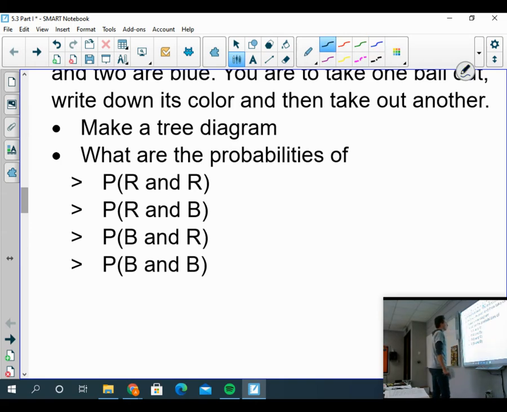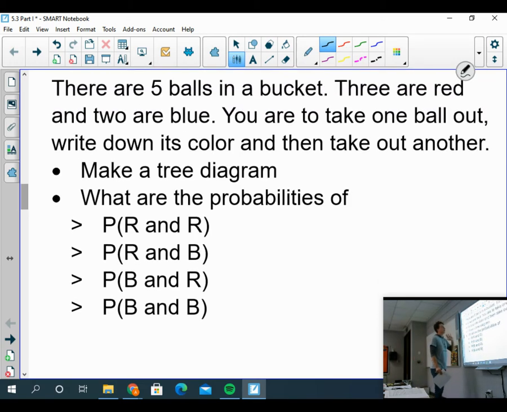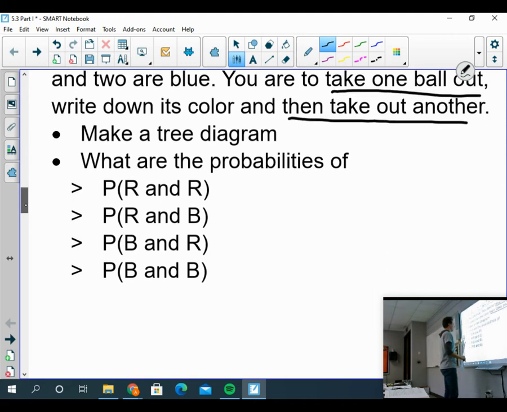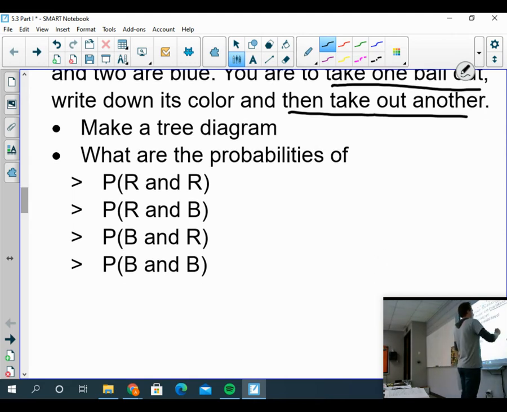Let's think about the situation here. It might seem confusing because there are 5 balls in the bucket, but don't let that throw you off. I am taking 1 ball out, writing down its color, and then taking out another. So all my tree diagram is going to be, is I'm going to select the first ball. There are 2 options for the color.